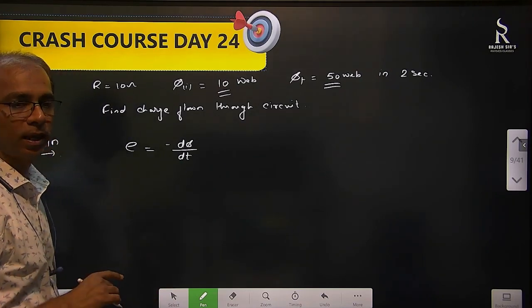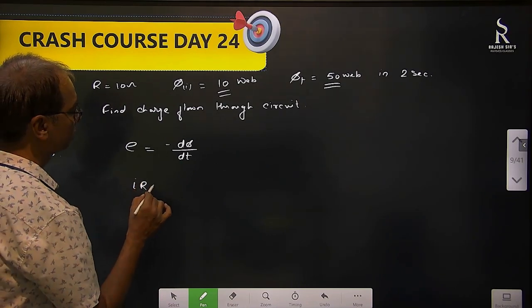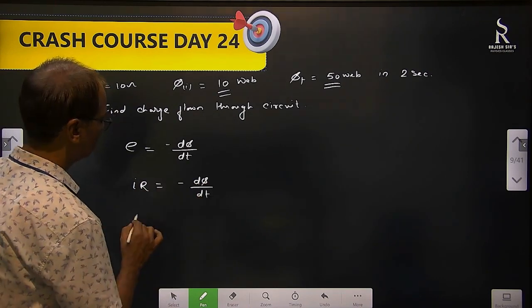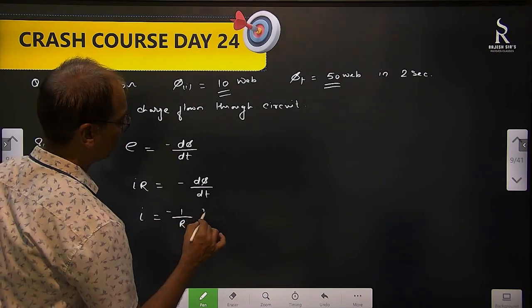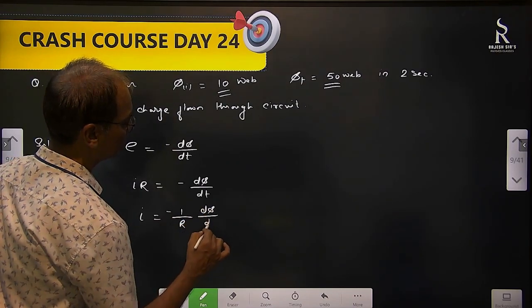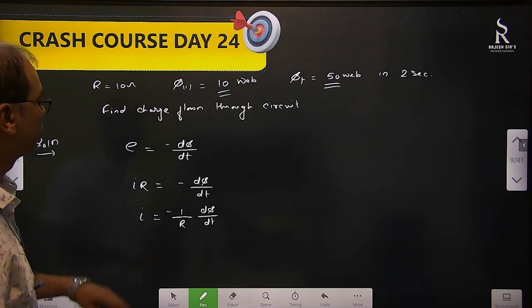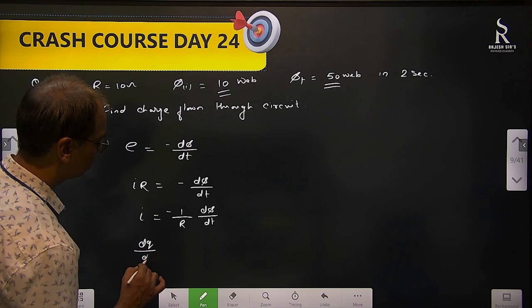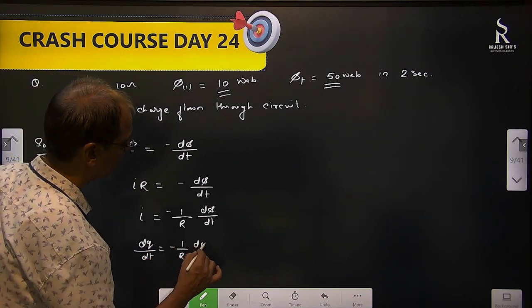And if current is there, then I can write E is equal to I into R. So I will be 1 by R times minus d phi by dt. But he wants charge, so this current I can write as dq by dt. So dq by dt equals minus 1 by R d phi by dt.